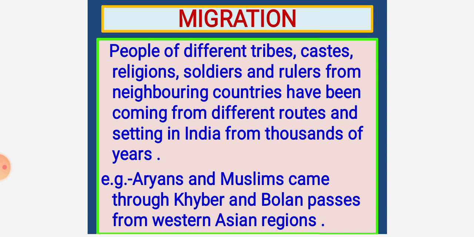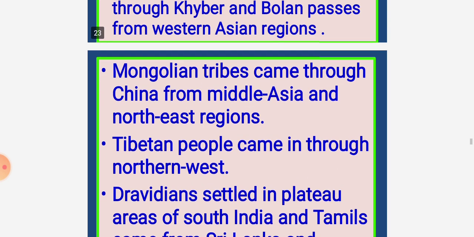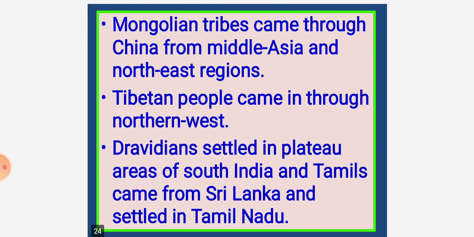For example, Aryans and Muslims came through Khyber and Bolan passes from Western Asian regions. Even Mongolian tribes came through China from Middle Asia and Northeast regions.